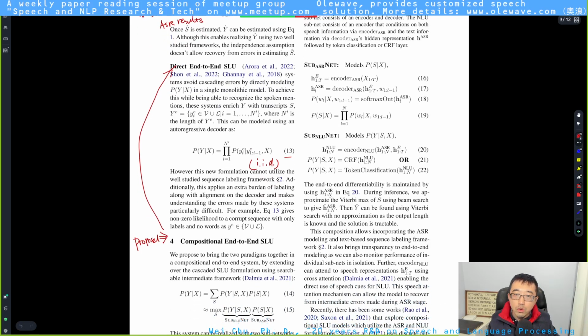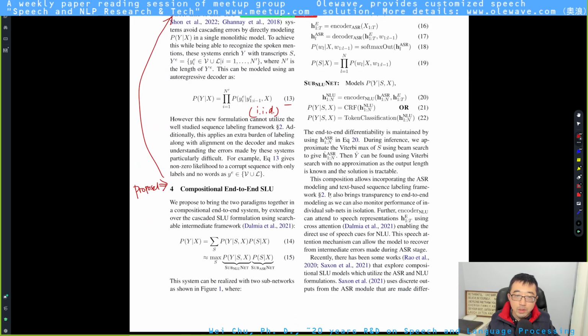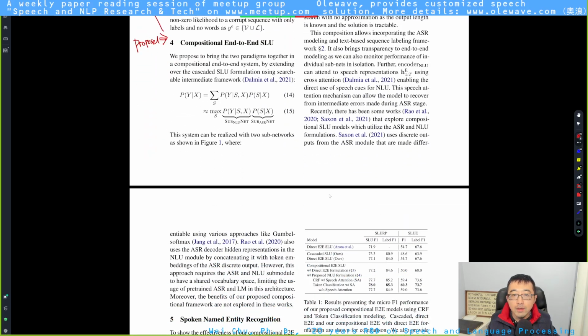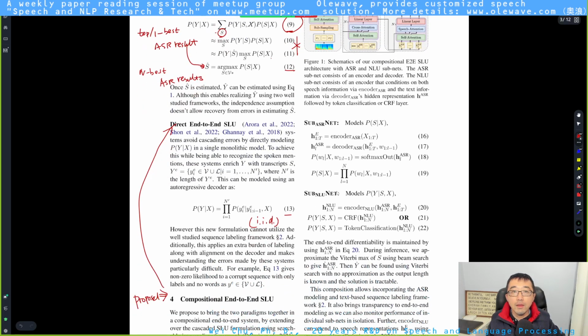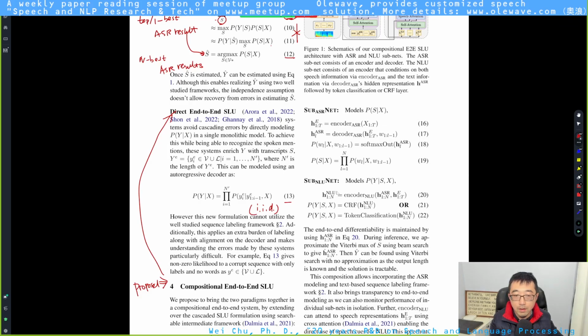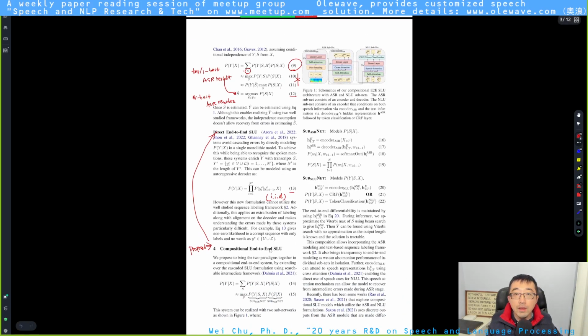Now let's take a look at their equation again. You can see that they are just saying, okay, I like equation number 9. You can see equations 9 and 14 are exactly the same.